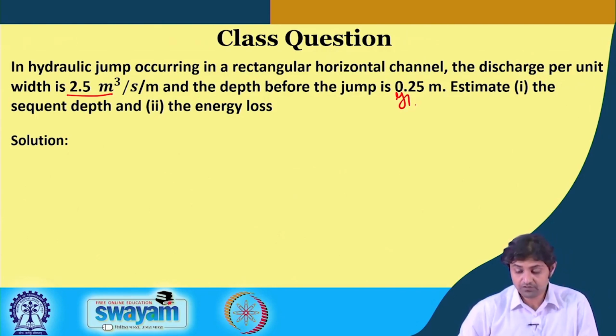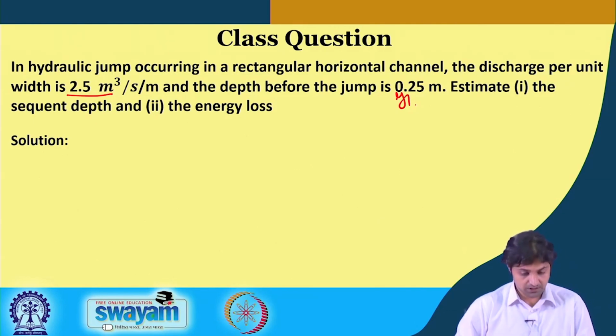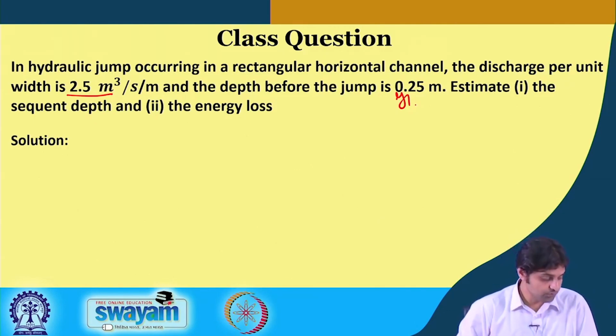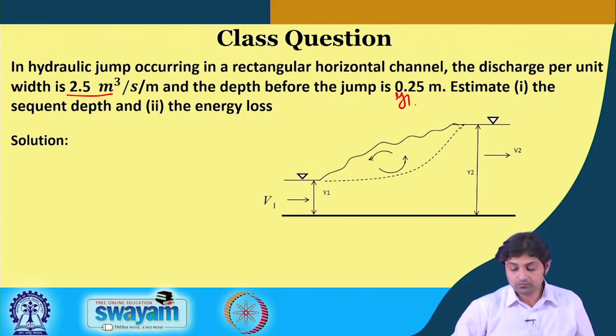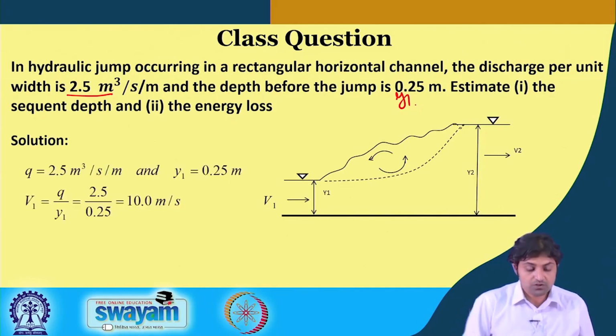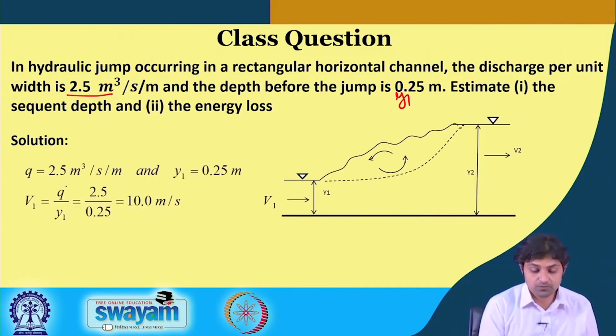So, we know small q, and the depth we already know. So, this is the phenomenon: y1, v1, v2, y2. So, q is 2.5 meters cube per second per meter, y1 is 0.25 meters, already given.